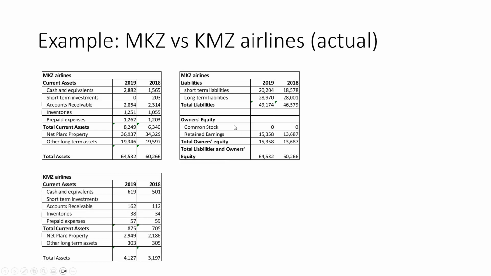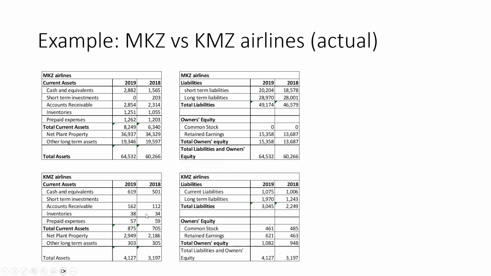On the other hand, KMZ is much smaller. It's about 16 times smaller approximately. And it has net plant and property of 3,000, cash and equivalents of 600, etc. It has liabilities of the same 4127 because the balance sheet has to balance. Its total owner's equity is 1,082. Total liabilities is 3,045.